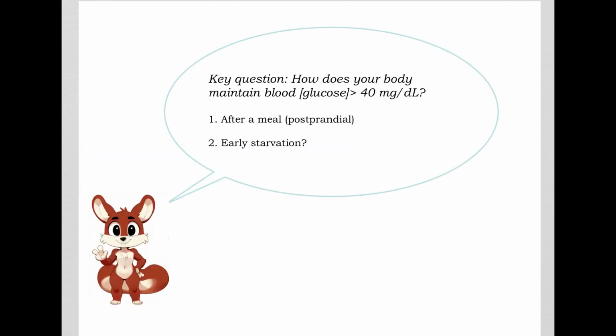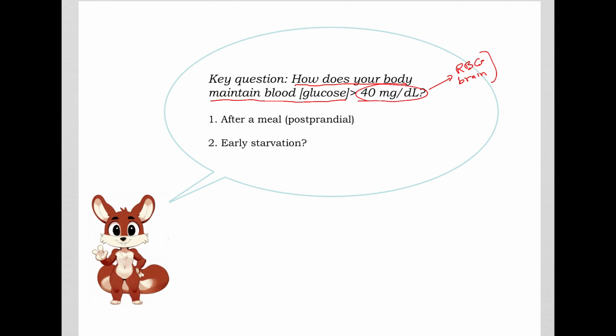Now remember, the key question you always need to ask yourself, irrespective of what state we are in, is how does your body maintain blood glucose greater than 40 milligrams per deciliter? This is very important, especially for the red blood cells as well as the brain that get their energy from glucose.